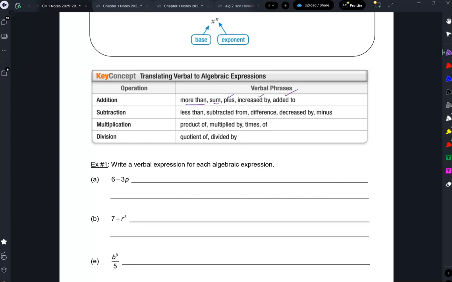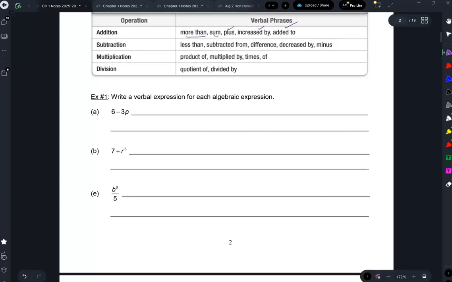Why don't we try to do a couple of these? Look at what we have here. We need to write a verbal expression, in coherent English, for each of these. So this one, I could say 6 minus 3 times P. Is there another way of saying this?